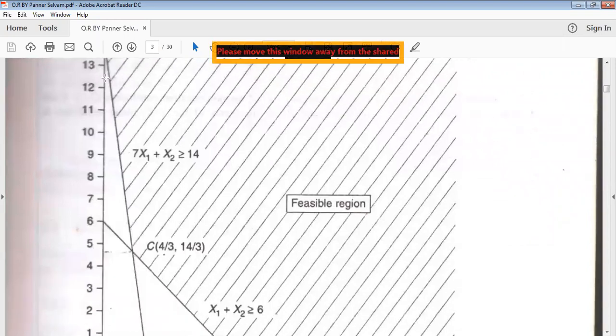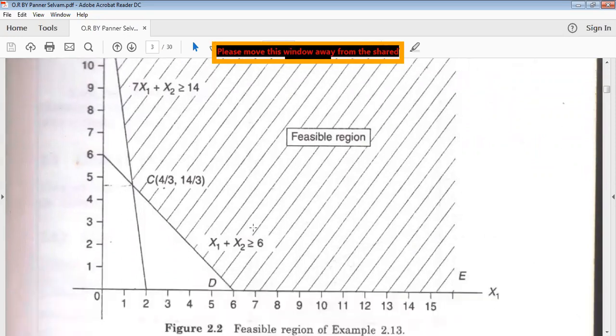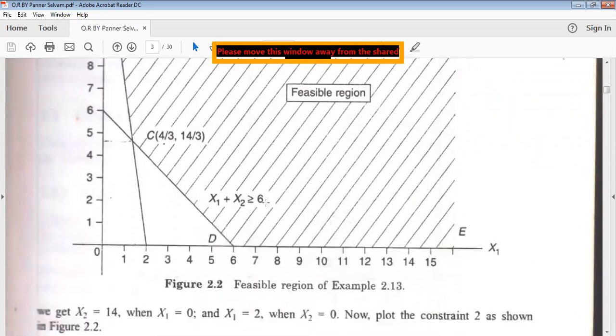So this line corresponds to 7x1 plus x2 greater than 14, and x1 plus x2 greater than 6. If you put x1 0, x2 is equal to 6. If you put x2 0, x1 is equal to 6. Therefore 0, 6 and 6, 0 are the 2 points, and this is the line you are going to get.